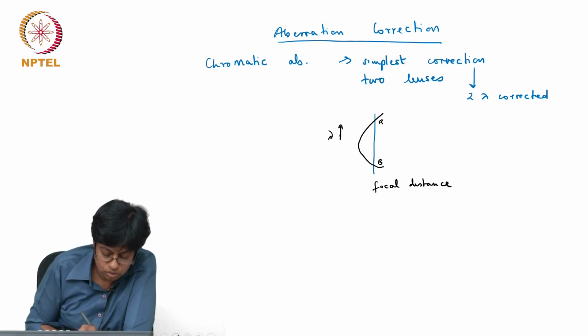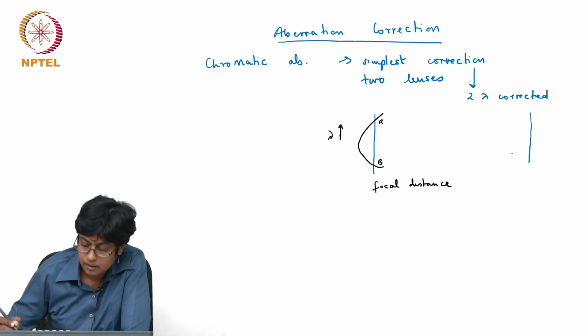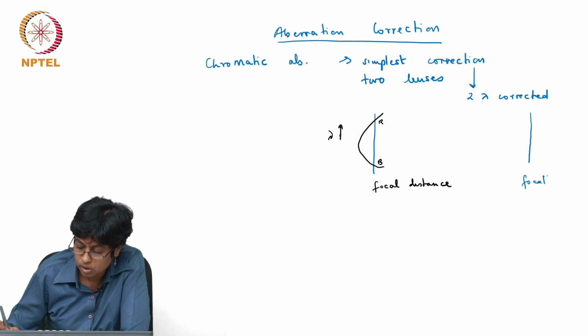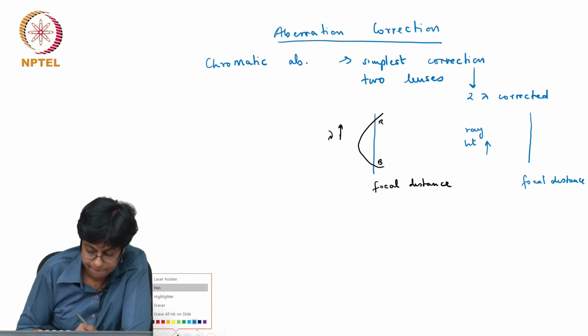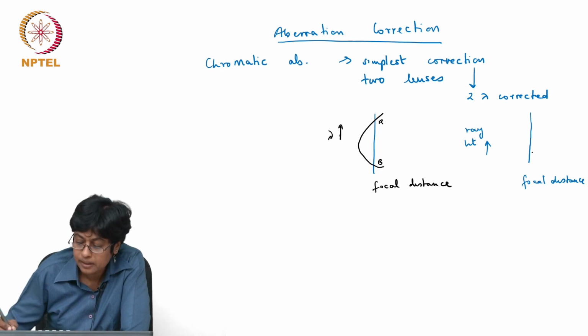I could also look at this in a different way. So I again do focal distance, but this could then be ray height, not wavelength. And again over here, it could be that it's something like this.